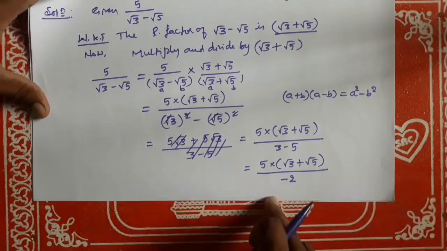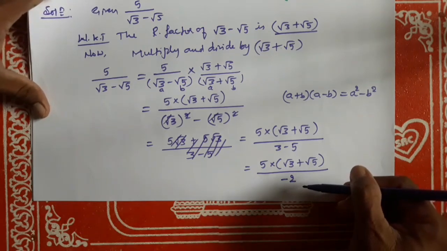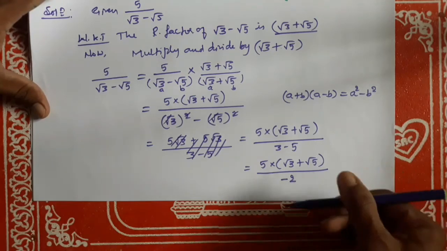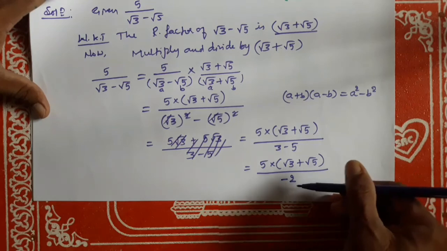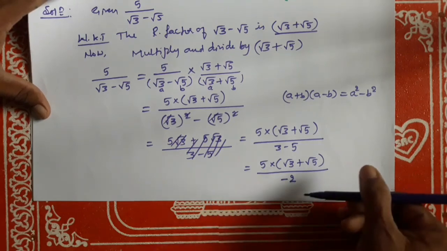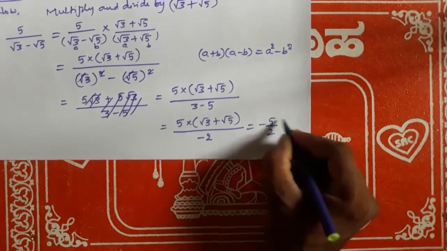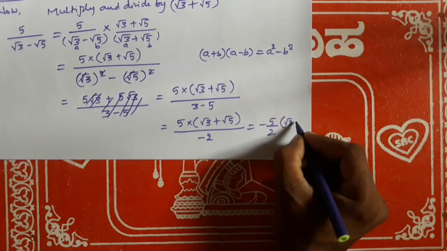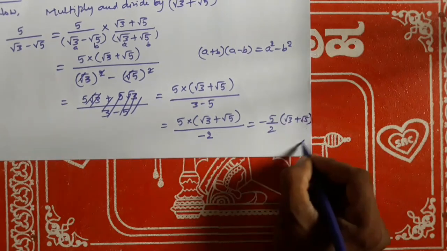Correct? Therefore, the denominator must always be positive, because q is not equal to 0 and the denominator is never negative. So it is equal to minus 5 by 2 into bracket root 3 plus root 5. This is the answer.